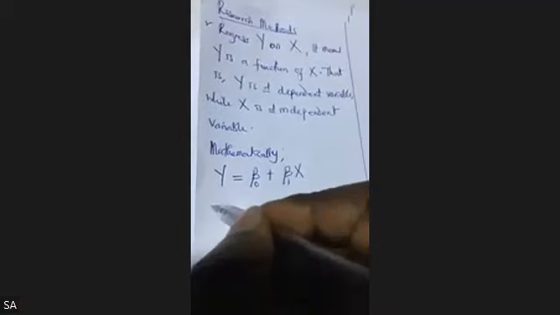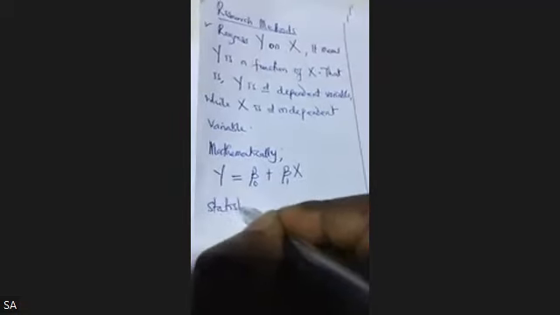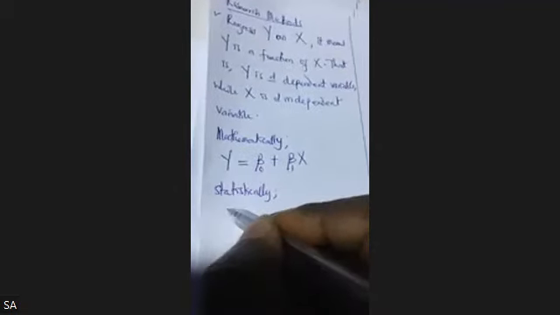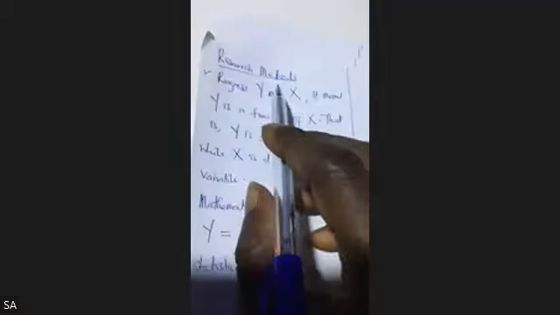Now, statistically, it means y is equal to beta naught plus beta 1 x plus the stochastic term. This is regress y on x. That means y comes first, so it is y on x. Y is a function of x: regress this on this.